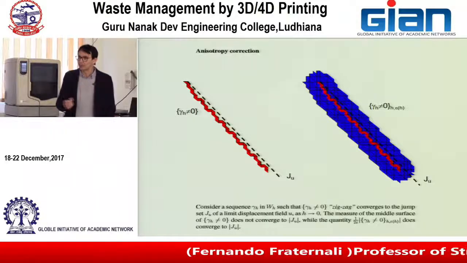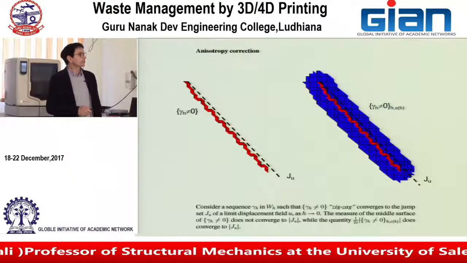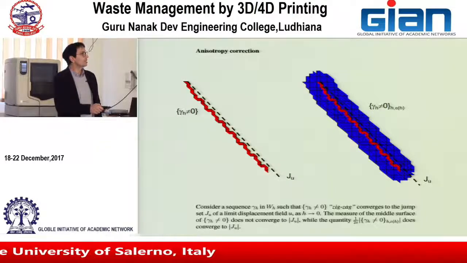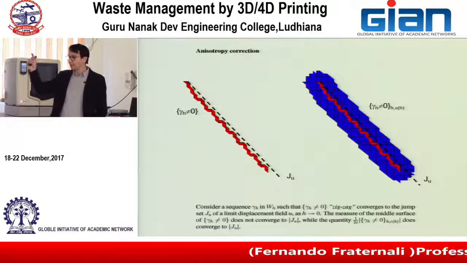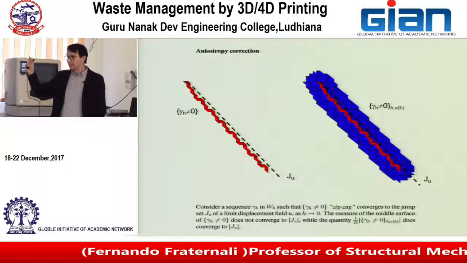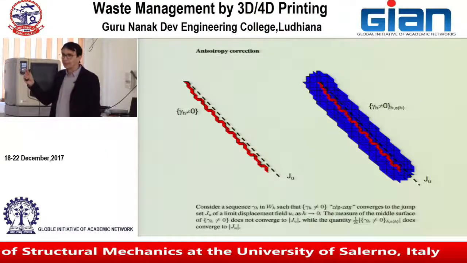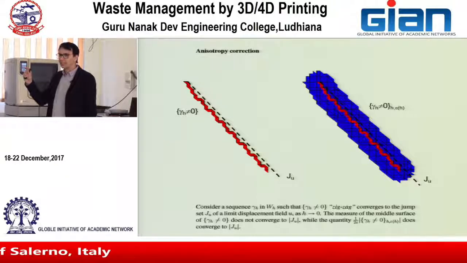Which energy do you spend in this way? One can think, okay, if H is the size of the element, the size of a finite element is basically the major dimension of the element.